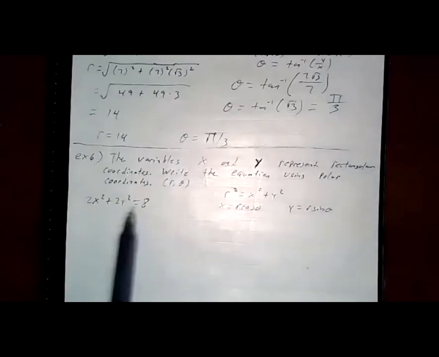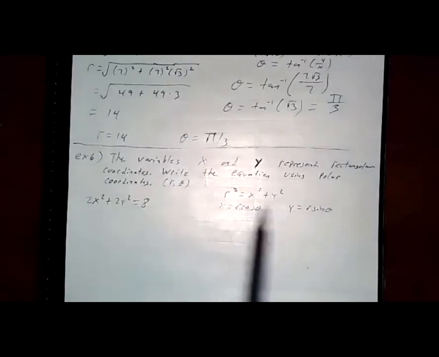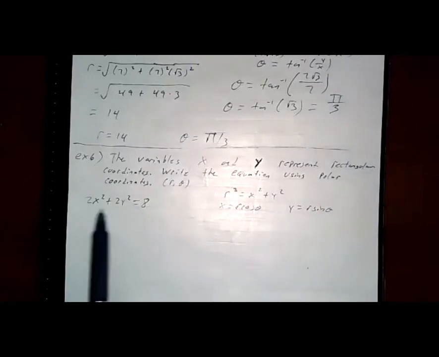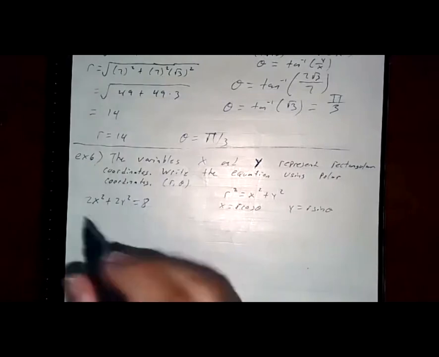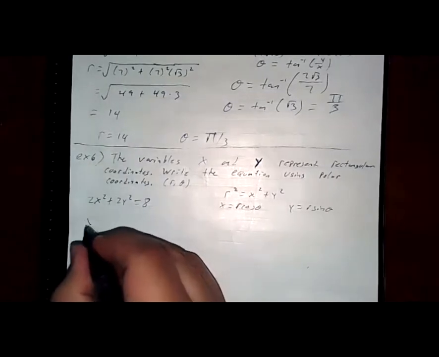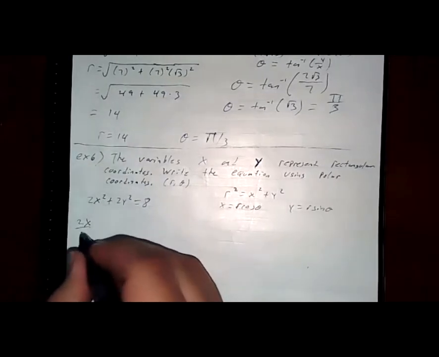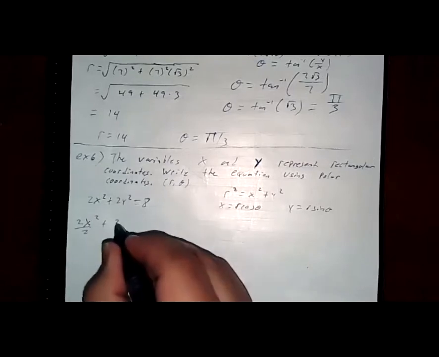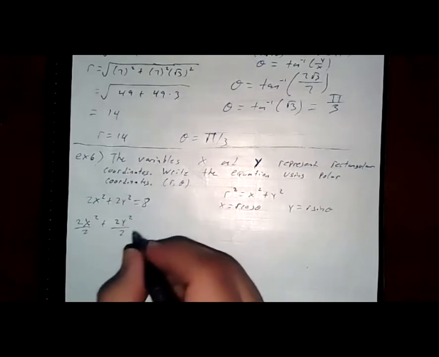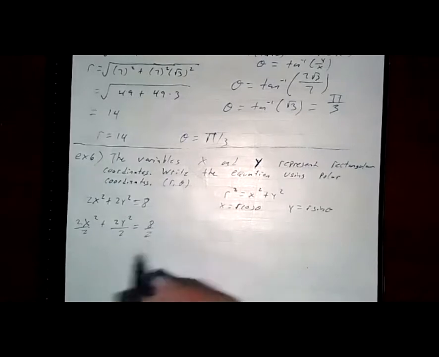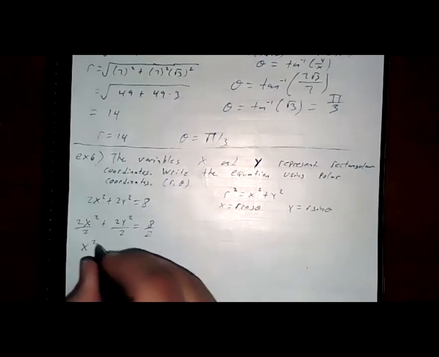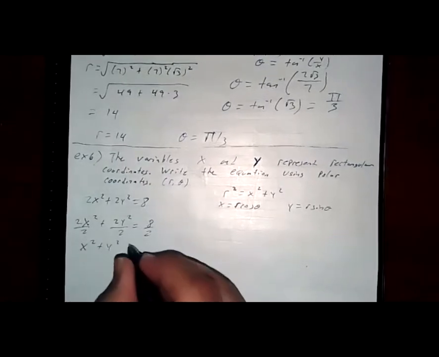Although I can already tell that x squared plus y squared is in the question. So if I divide everything by 2 on both sides, that gives me x squared plus y squared equal to 4.